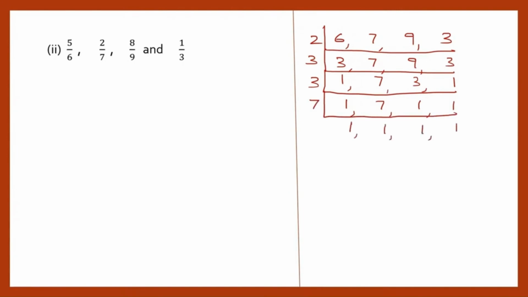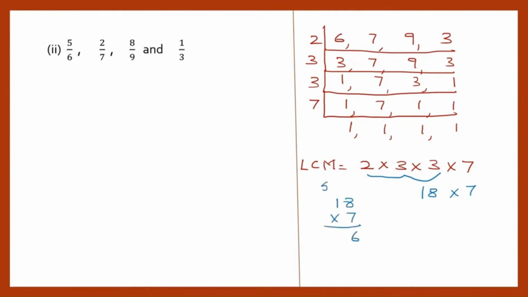Okay, let's find the LCM now. LCM equals 2 into 3 into 3 into 7. Okay. 2 3s are 6. 6 3s are 18. 18 into 7. Let's multiply 18 into 7. 7 8s are 56.